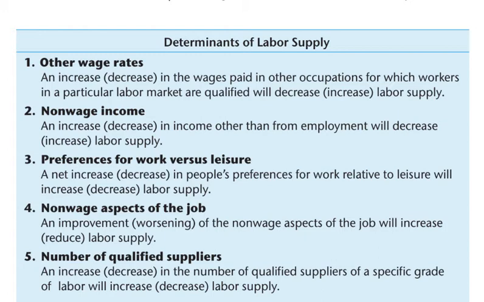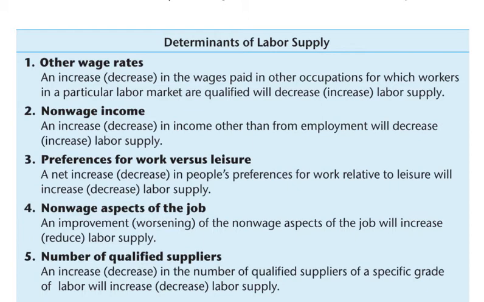Number 2, when there is a change in non-wage income. Let's say that the government is paying a universal basic income to its citizens. A universal basic income, or UBI, is a public transfer payment that is given to everyone in the economy regardless of their income level.